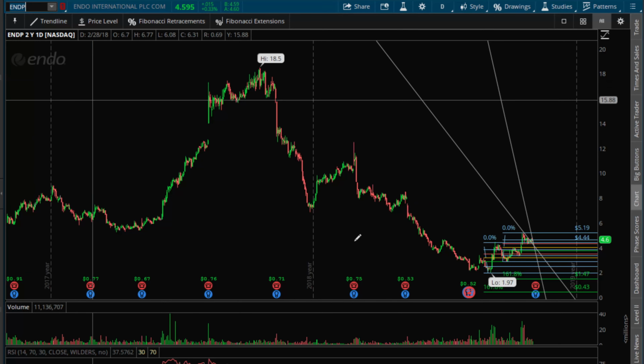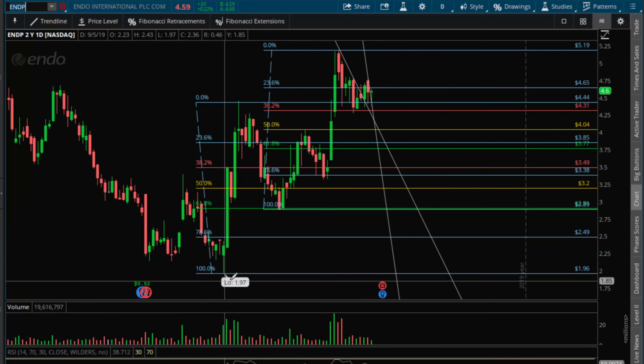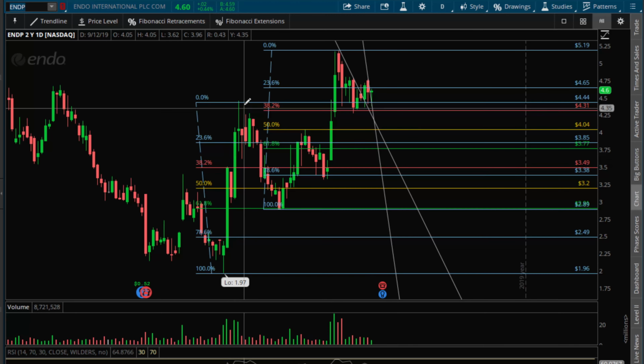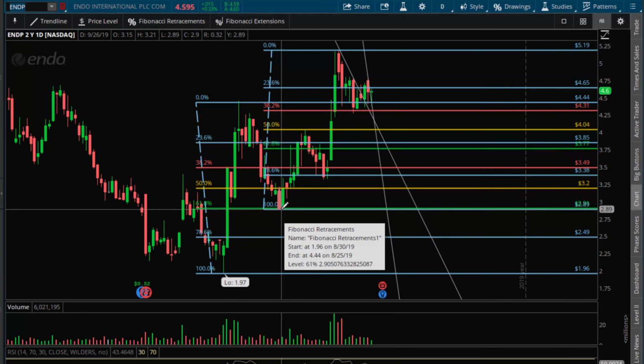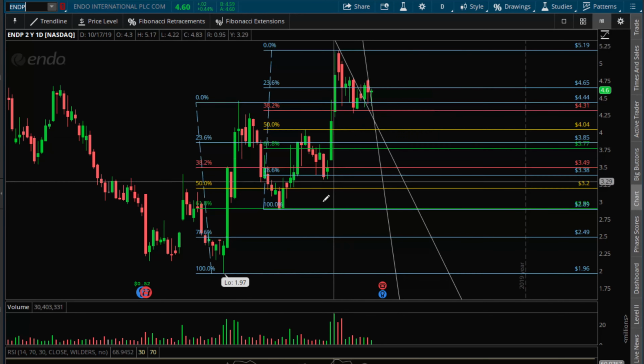I was on the wrong ticker. So pulling into this level here, you can see from this move up, you had a nice pullback right to the 61.8. And then you got your follow through into that next level.